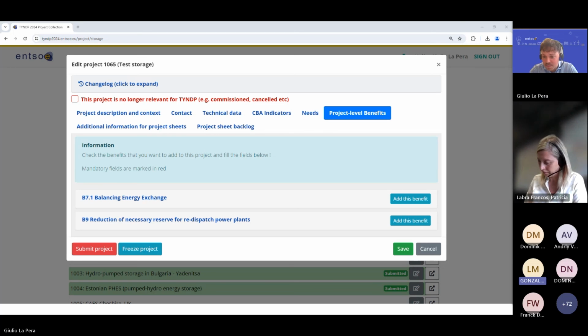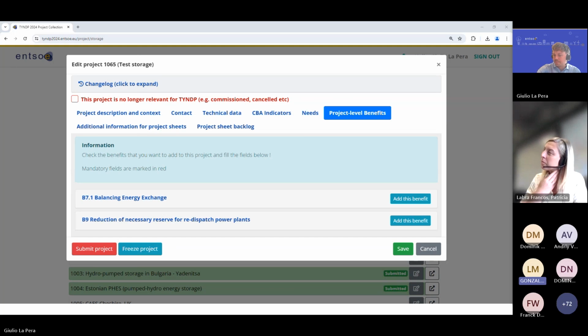I wanted also to ask about the projects which are included in the 6th list of PCIs, which gave already this information regarding the benefits.